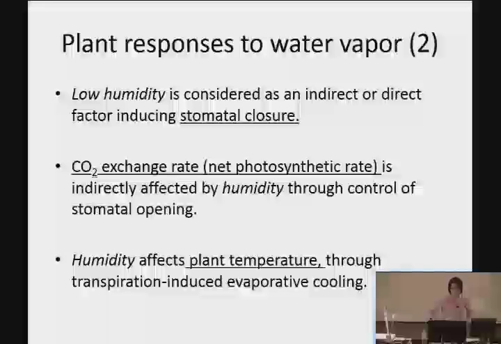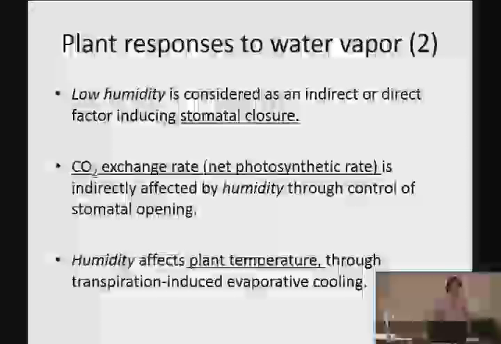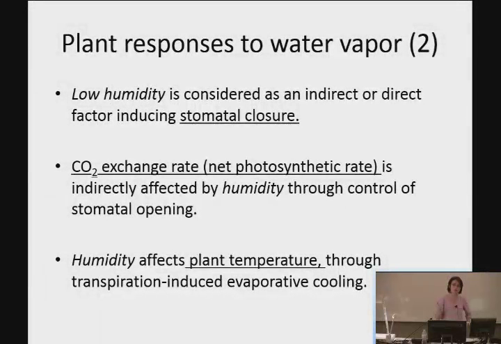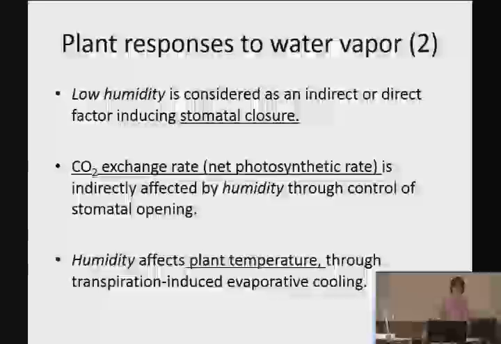And then also the third one, you will probably understand better next week, but humidity does affect the temperature of the plant also. An easier way to understand this is because humidity affects transpiration, and transpiration is the cooling process. Therefore, it does affect the temperature of the leaf.